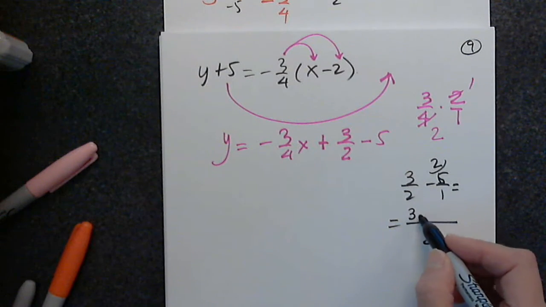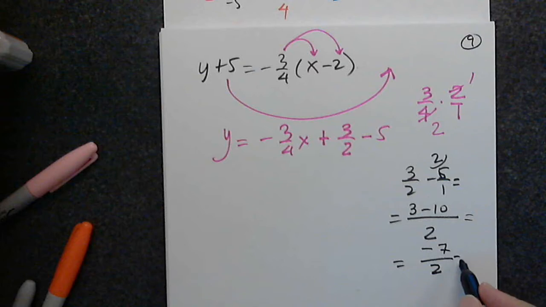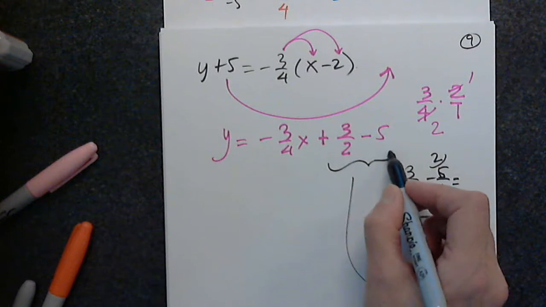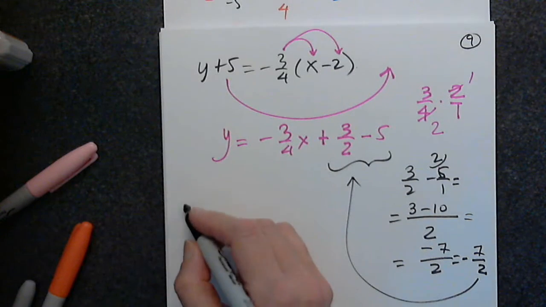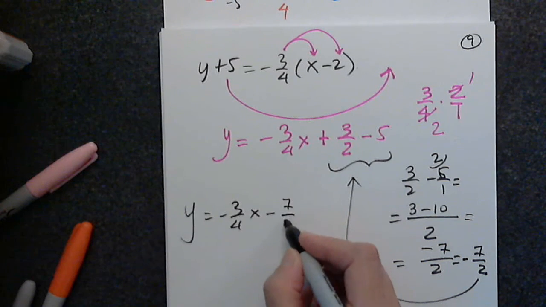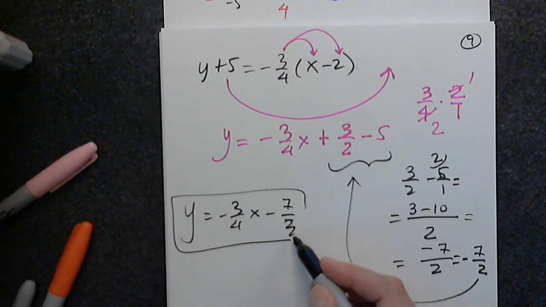So then we have 3 minus 10 at the top, which is negative 7. Negative 7 divided by 2, or negative 7/2. And this is the answer for this. So finally we have y equals negative 3/4 x minus 7/2.